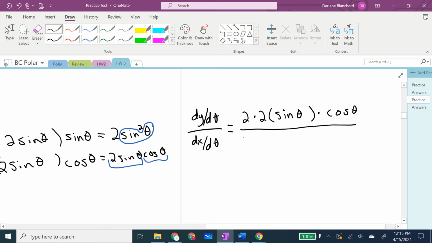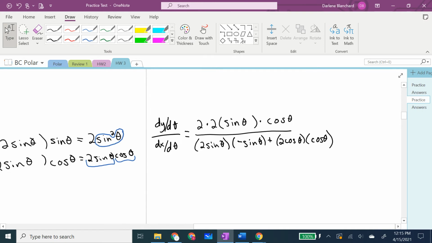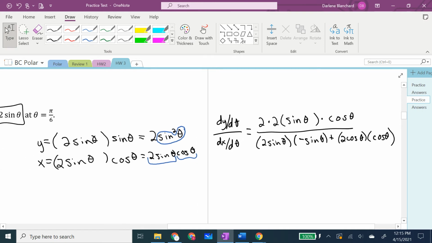Then I'm going to do a keep the first function, multiply by the derivative of the cosine, plus this time derivative of that function will be 2 cosine theta times keep the second function as is. And you're going to have that slope written on paper.